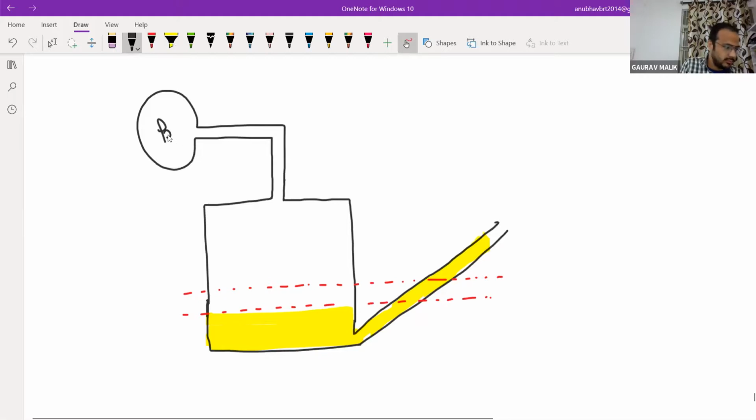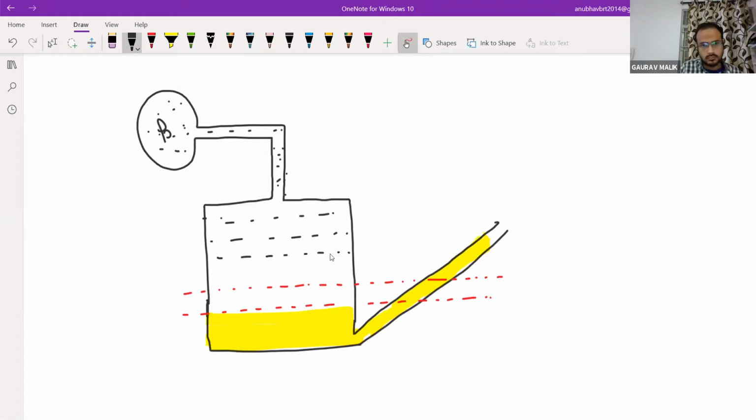Assume here we have P1. Assume it is MN. It is XY. This is P1.